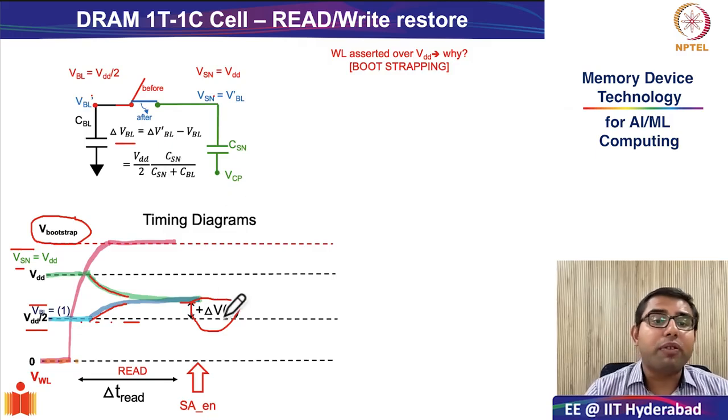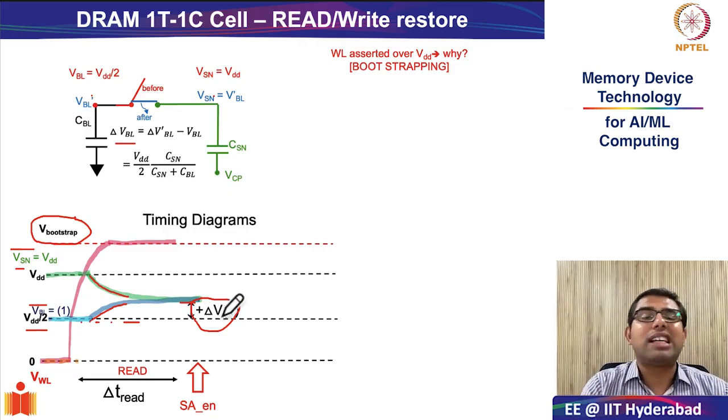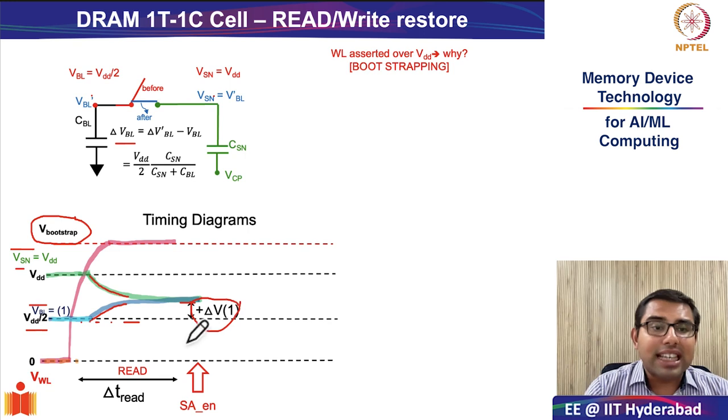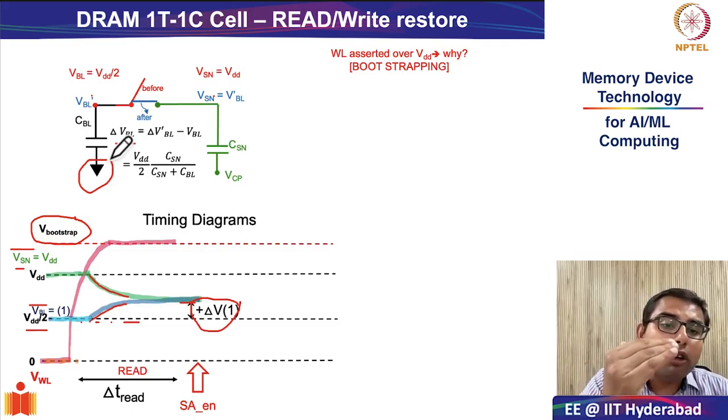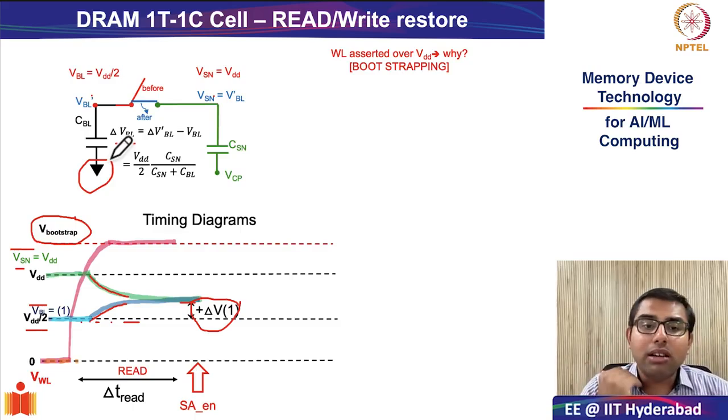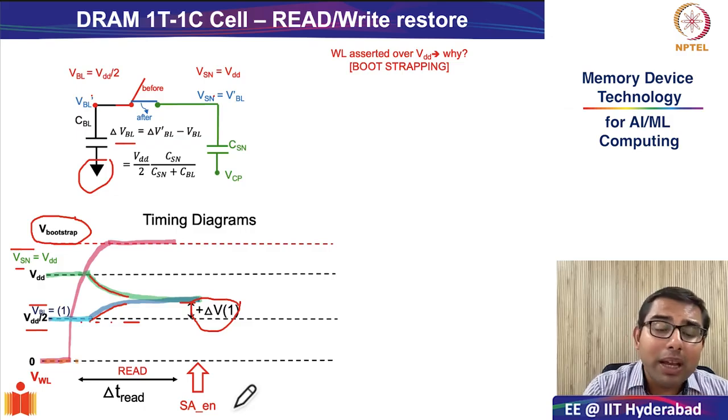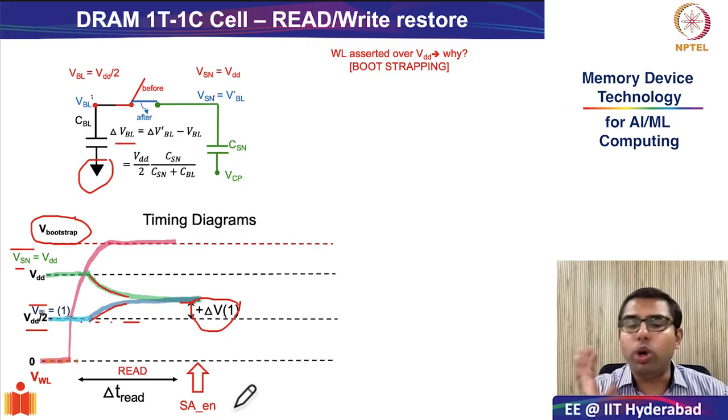So when this becomes sufficiently large, the external circuitry, which consists of the sense amplifier, says, I have been able to read whether there is a positive or negative change in the bit line. There is a charging or discharging in the bit line, and therefore the sense amplifier is enabled. That means the sense amplifier has been able to detect either a positive change or a negative change over the original bit line voltage. Okay.